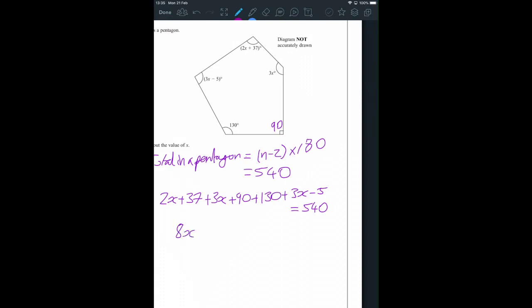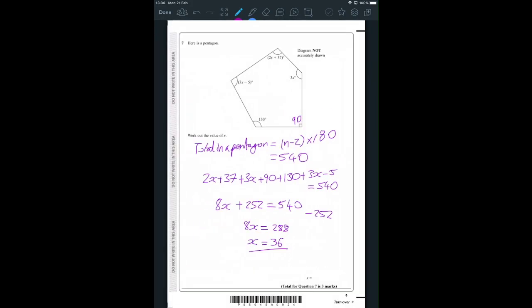I've got a 37, a 90, a 130 and a minus 5. 252 equals 540. Subtracting 252 gives me my 8x is 288, and therefore x by dividing by 8 is a nice clean 36.